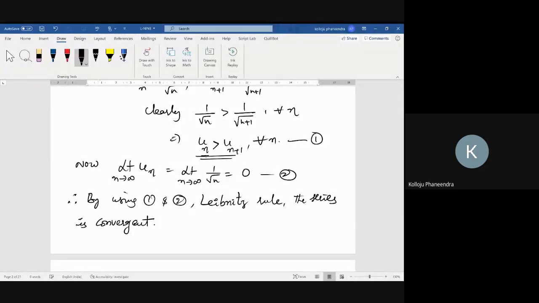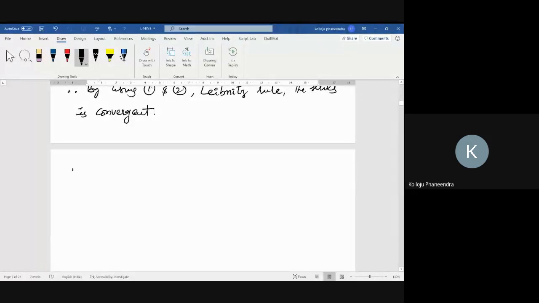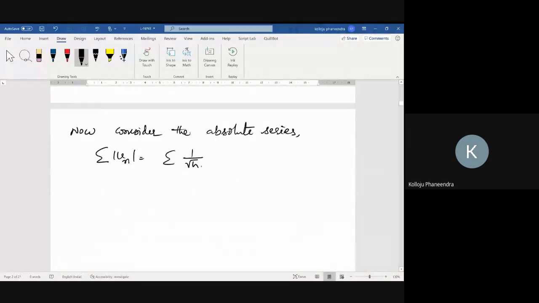Now coming to conditional convergent or absolute convergent. Now consider the absolute series. Absolute series means positive series, that is sigma mod un. That means sigma 1 over root n simply. And what is the series?